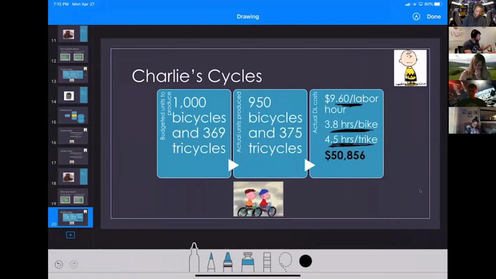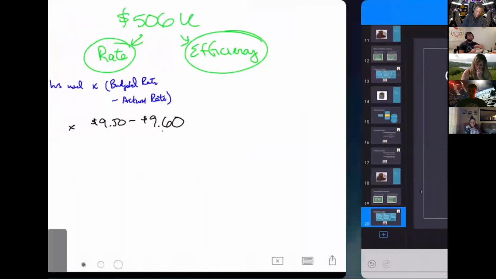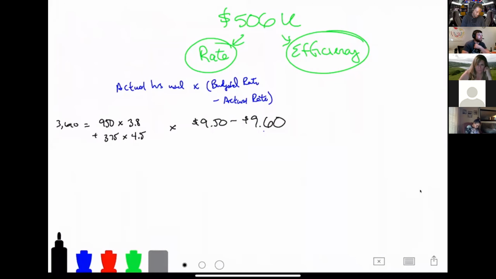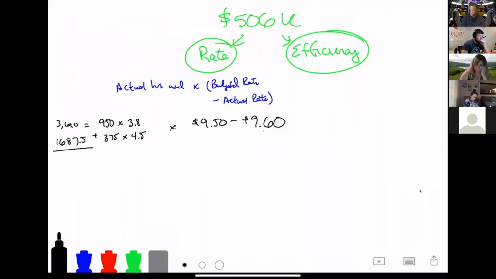I trust you guys are going to slow me down if I'm going too fast. 950 times 3.8 is 3,610. 375 times 4.5 is 1,687.5, which gets us to 5,297.5 hours.